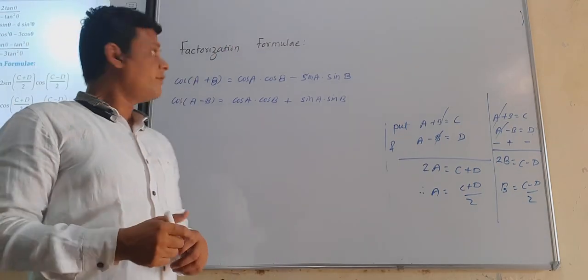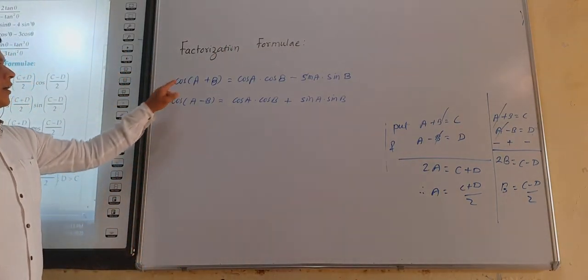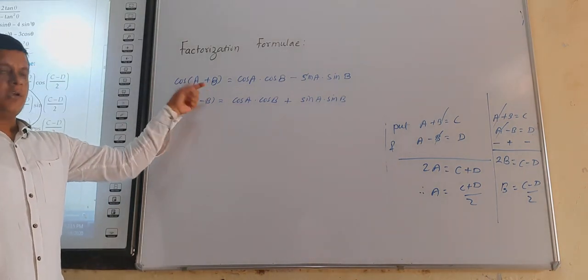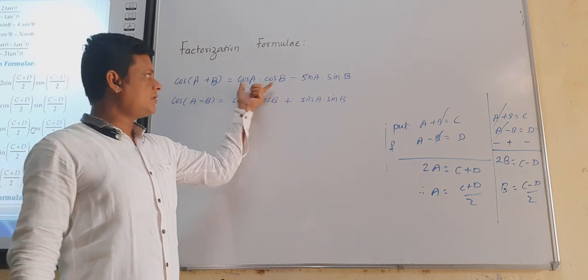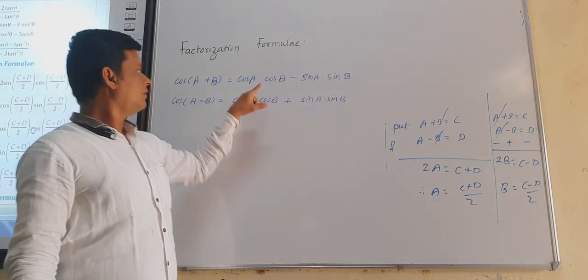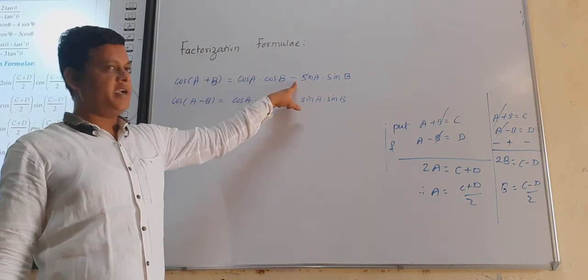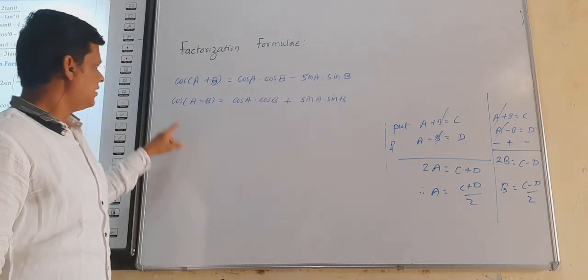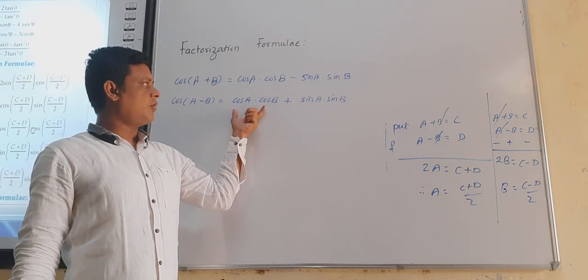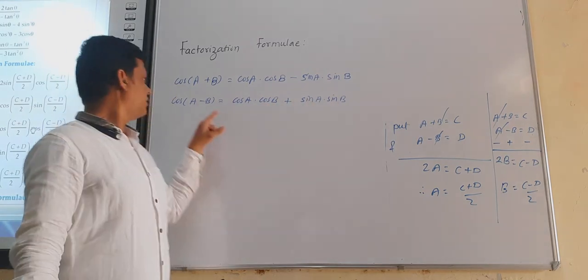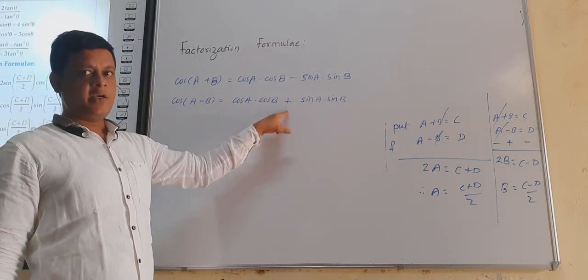Now see the next factorization formula, cos a plus b. In cos we write both ratios the same, that is cos cos, sin sin. Here is a plus sign, so we write a minus sign here. In the second formula, cos a minus b, we take the same ratios, cos cos, sin sin. Here sin is minus, so we write plus.